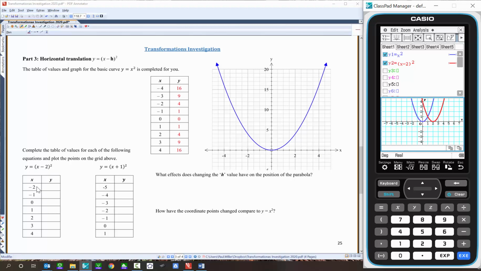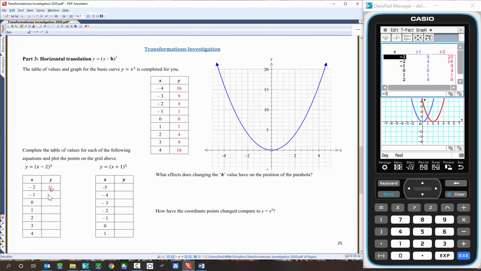Right, so we've got -2, and we're going to remove 2 from -2, which is -4, and then square it. Okay, so that one there should be 16. Let's just see what the table of values says. Okay, so we've got -2, 16.